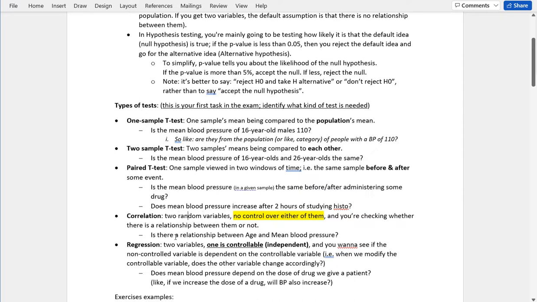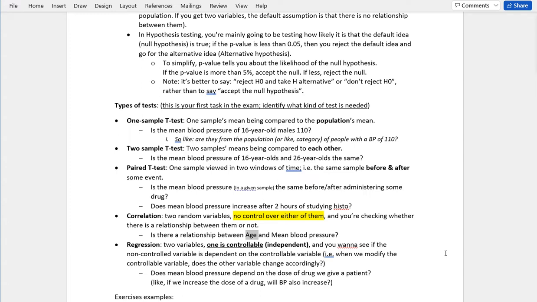So for example, is there a relationship between age and mean blood pressure? Can you control a person's age? No, you can't turn a dial and make me a 10-year-old instead, or a 50-year-old instead. When you think of control in this context, think of flipping a switch or turning a dial. If you can't control it by flipping a switch or turning a dial, you can't control it.